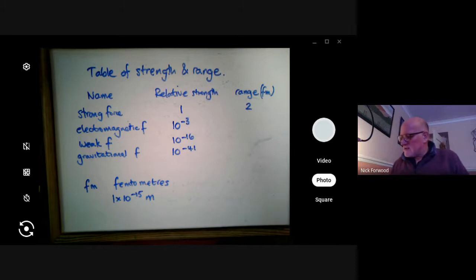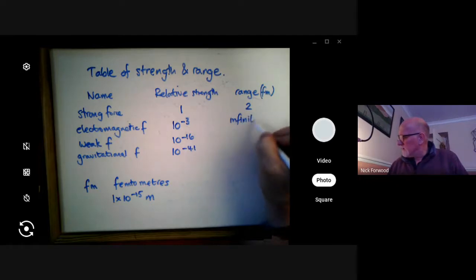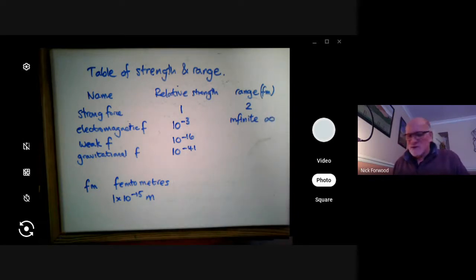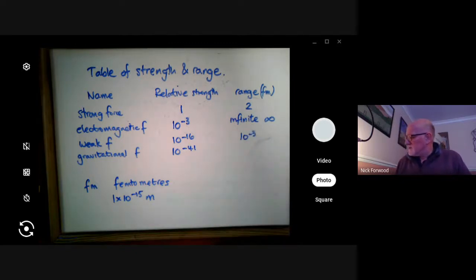The electromagnetic force, we said it's huge, and in fact it's got an infinite range, and there is a symbol for infinite, the infinity symbol, an 8 on its side. We've got the weak force, and again the weak force is a force that acts inside the nucleus, and it's much, much weaker than the strong force, and it's 10⁻³.